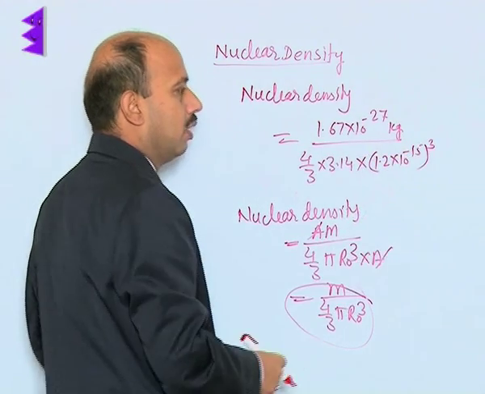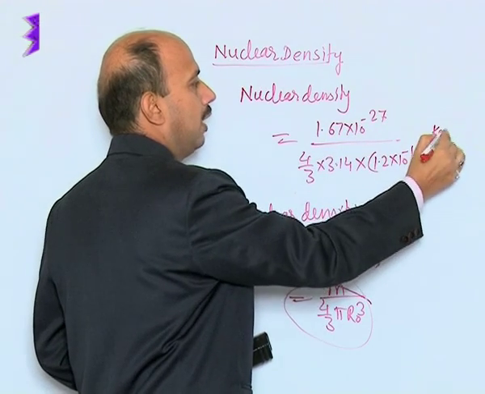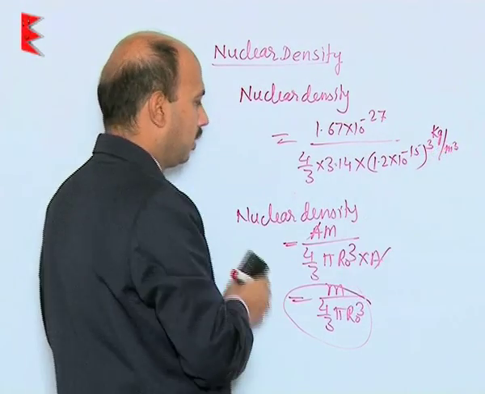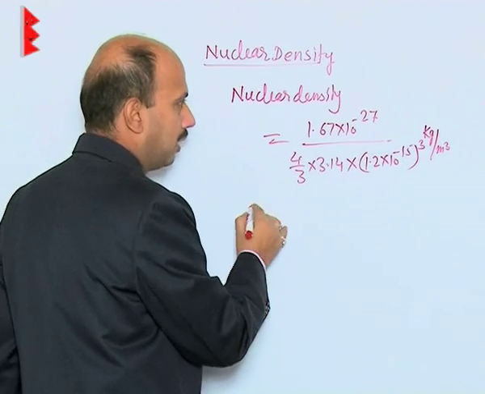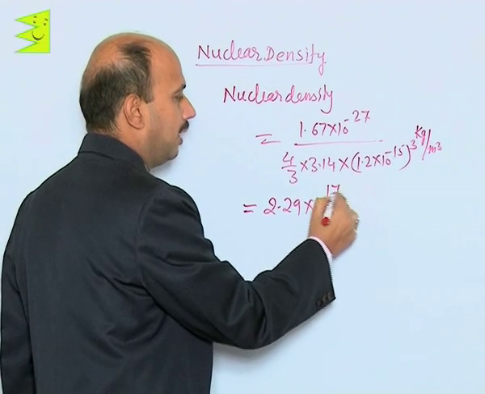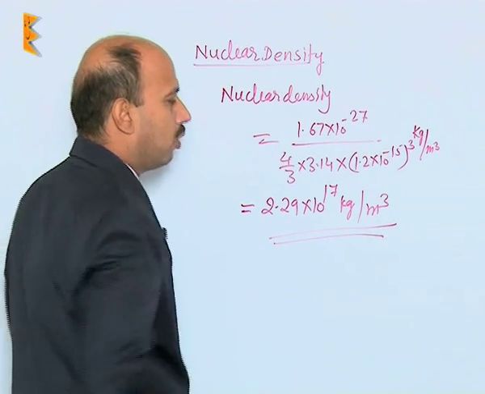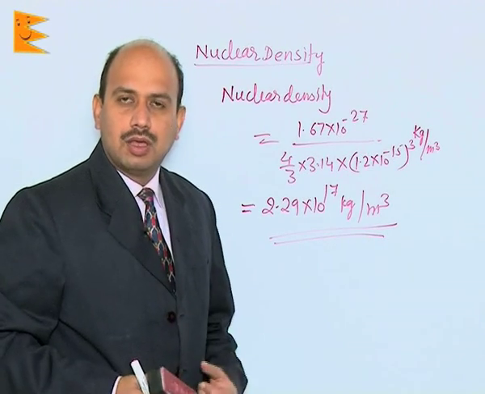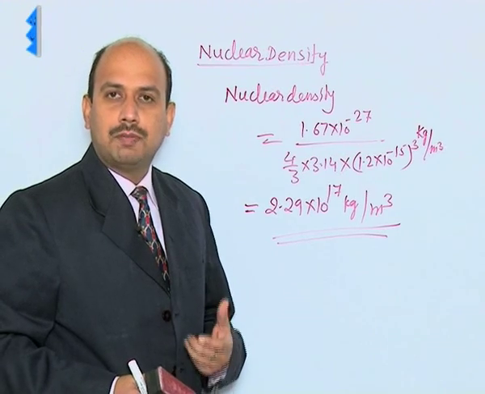When we solve it, we get kg per meter cube, and by solving this, 2.29 into 10 raised to power 17 kg per meter cube. So this is approximately the order of the nuclear density. But the very important thing is that nuclear density is independent of mass number.